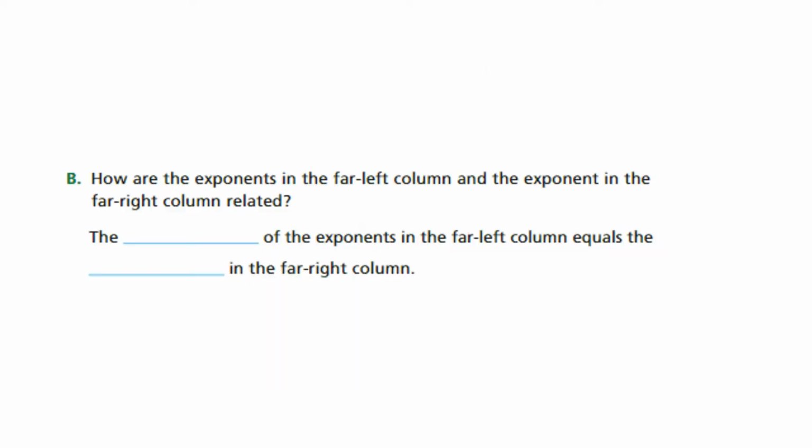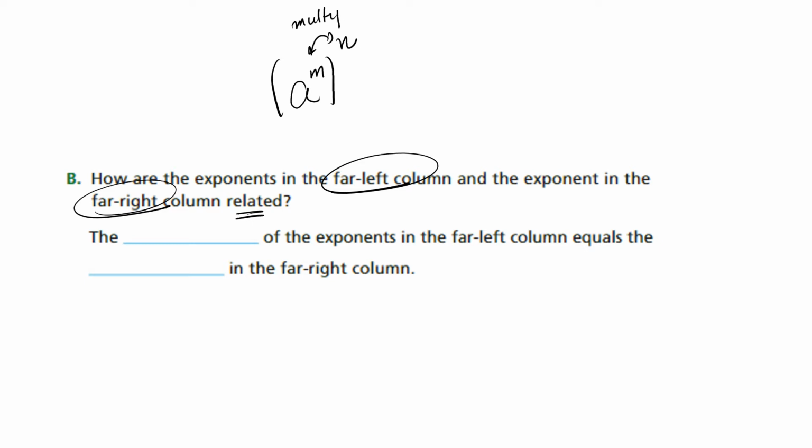How are the exponents in the far left column and the right column related? Whenever you have a power to the power, you multiply the powers. And what is the synonym of multiply in maths? That is called product.